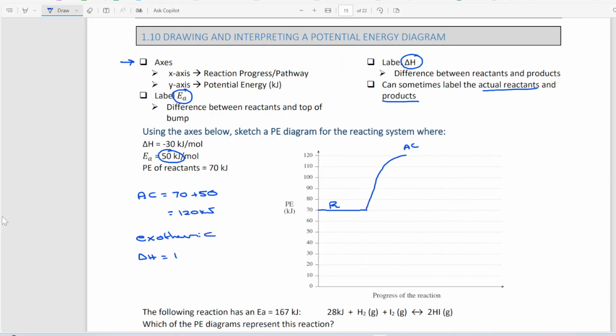You could go delta H is equal to heat of products minus heat of reactants. So if I wanted to solve for the heat energy of the products, it would be the enthalpy change plus the heat of reactants. So it would be negative 30 plus 70, which is going to turn out to 40 kilojoules.